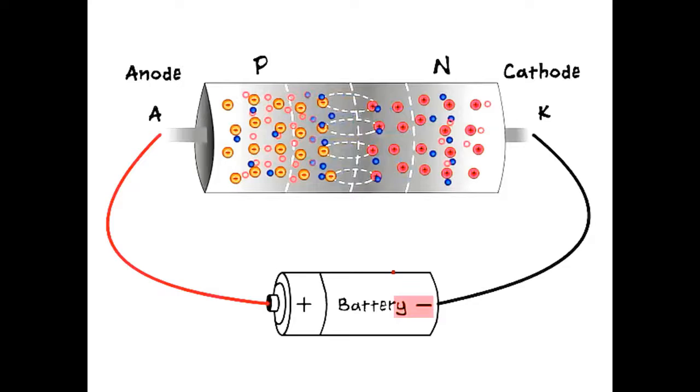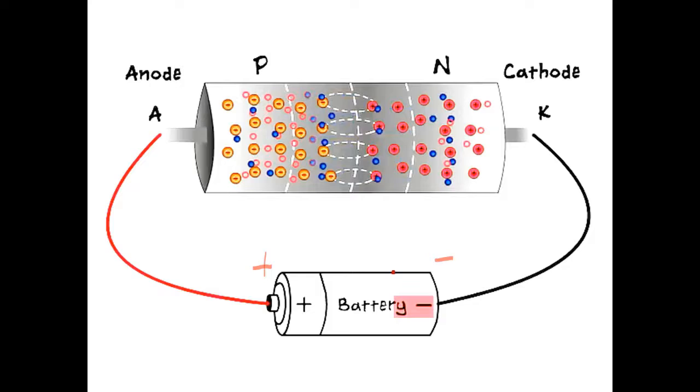And this diagram shows the connection of forward bias. This is the positive terminal, this is the negative terminal. The battery voltage must be greater than the junction voltage.